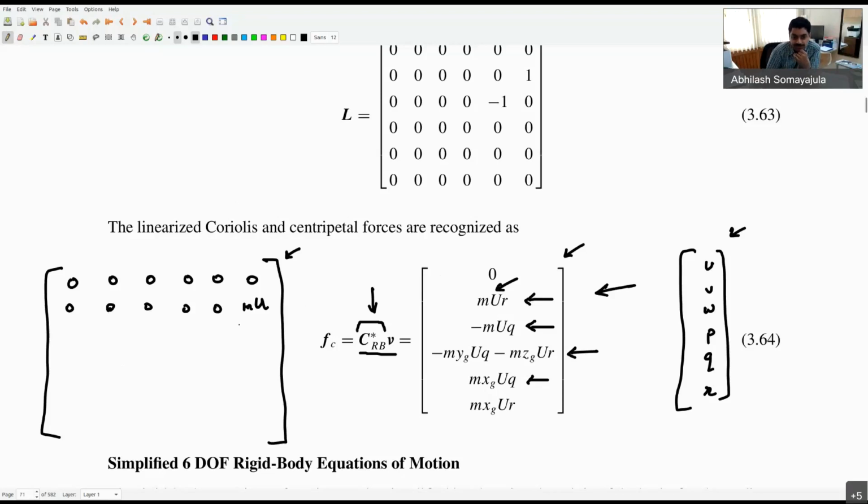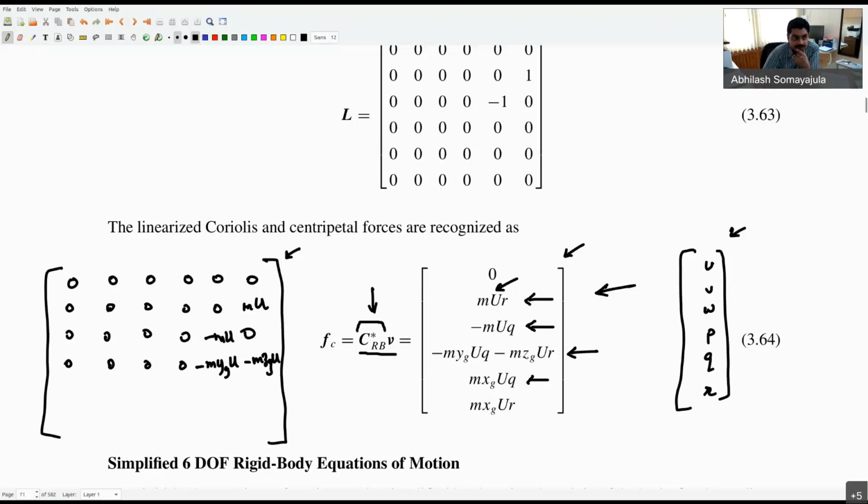What should be the next row? The fifth term should be minus mu, and all others will be zeros. Then the fourth one: the term should be minus mygu, and the last term should be minus mzgu, and the rest will be zeros.